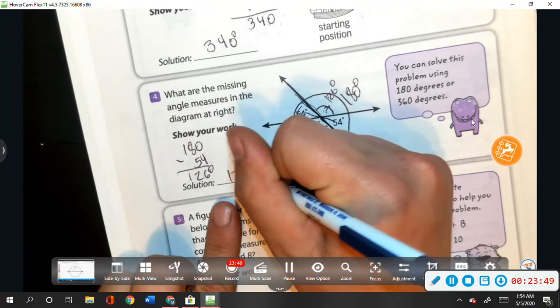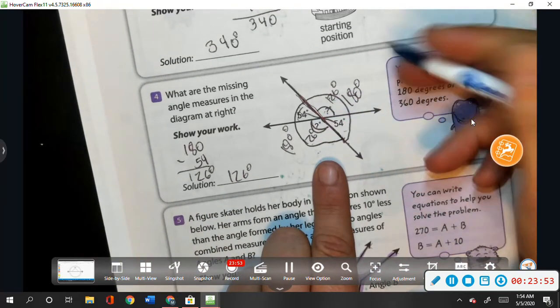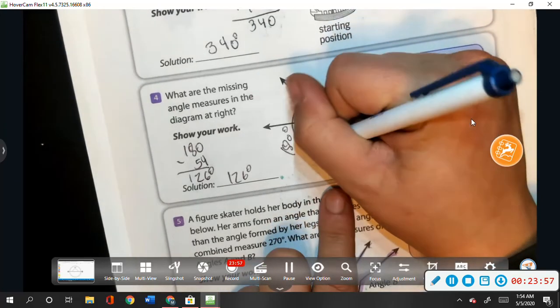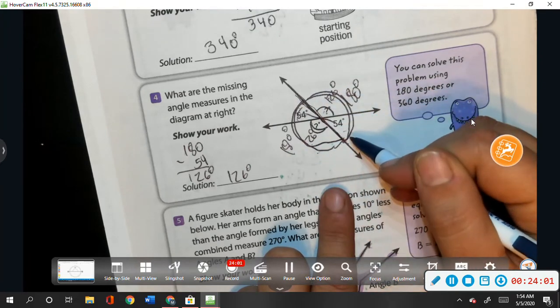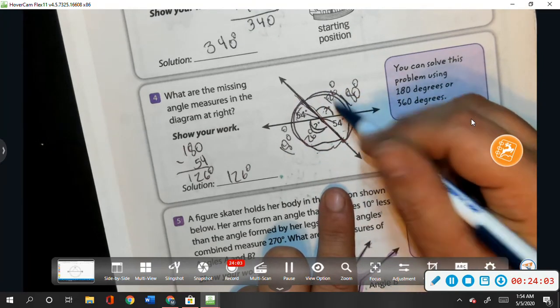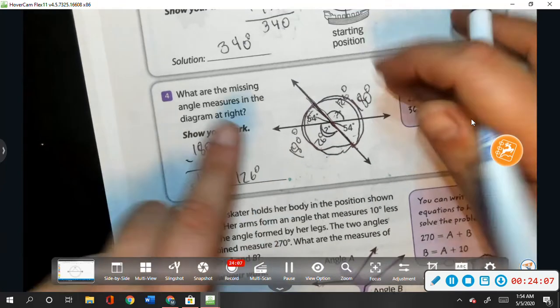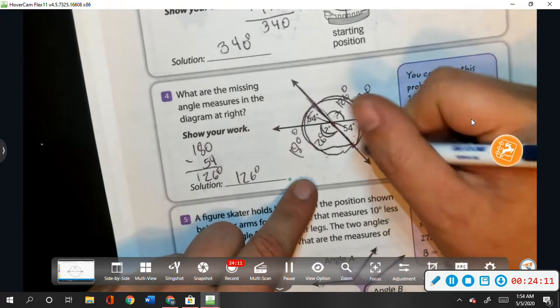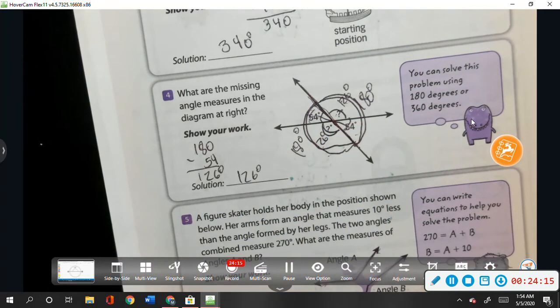And if you don't understand why both of these are the same and these two are the same, these angles are all the same size because they make a full circle, 360 degrees. So on either side of my circle, it's going to be 180 degrees. And then they cut through our circle again at the same degree, making two 54 degree angles.